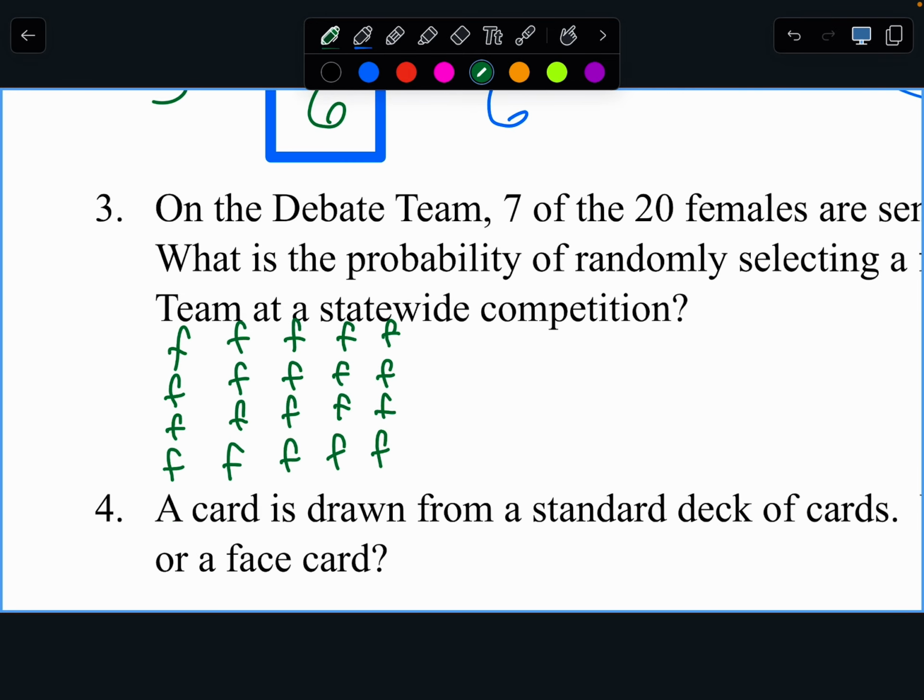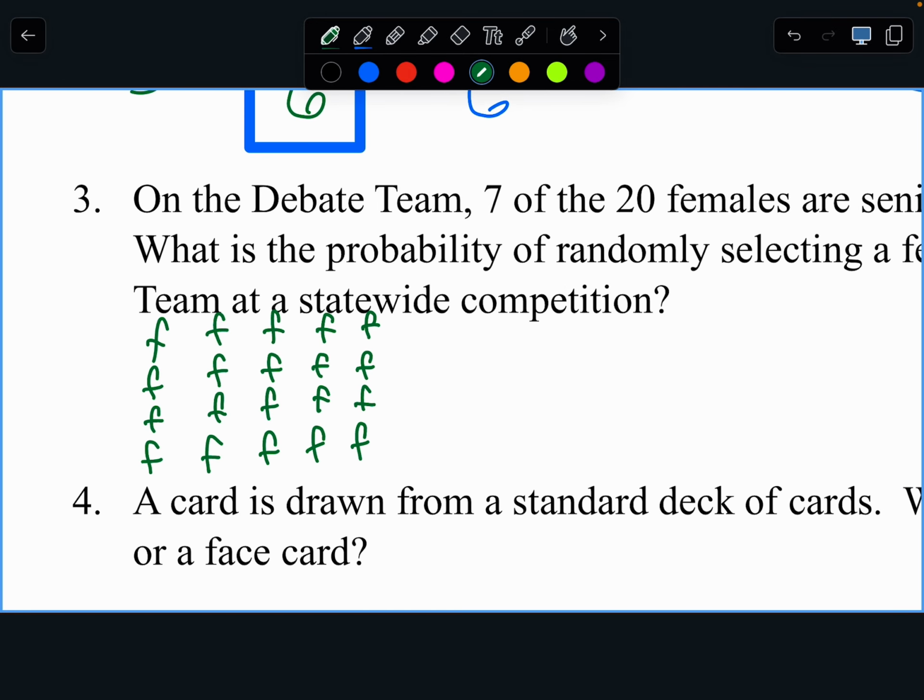The problem tells us that 7 of those 20 females are seniors. That's important. I'm going to highlight 7 of these Fs to indicate that of these 20 females, 7 of them are seniors.